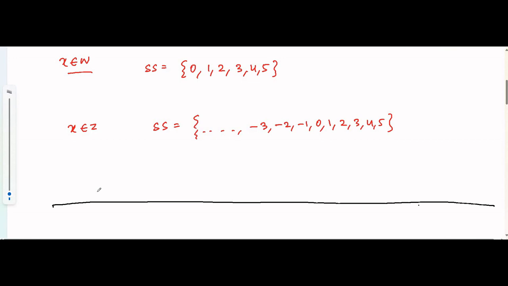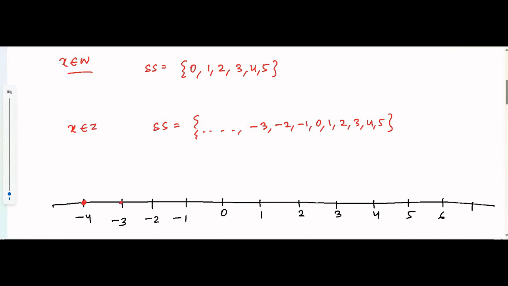Let's say here it is 0, 1, 2, 3, 4, 5, 6, and it goes like that, and here it is -1, -2, -3, -4, like this.